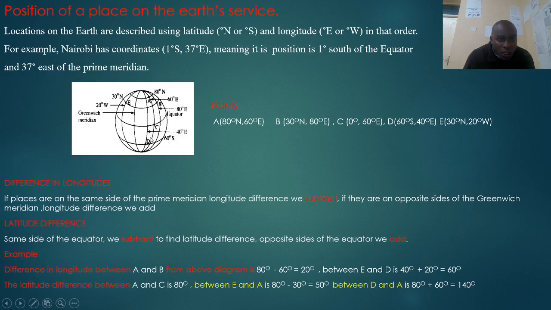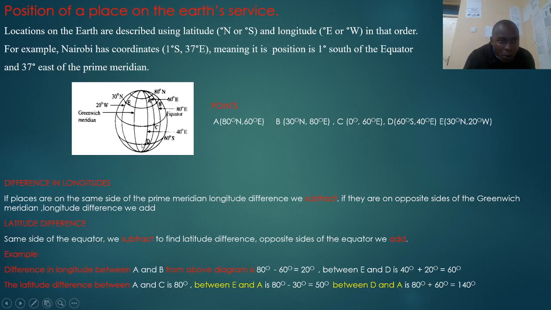This longitude is named as 60 degrees east. So C will be 0 degrees and 60 degrees east. That is our C.